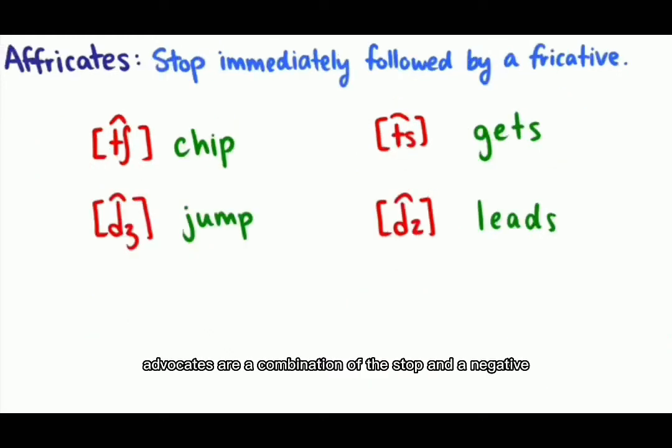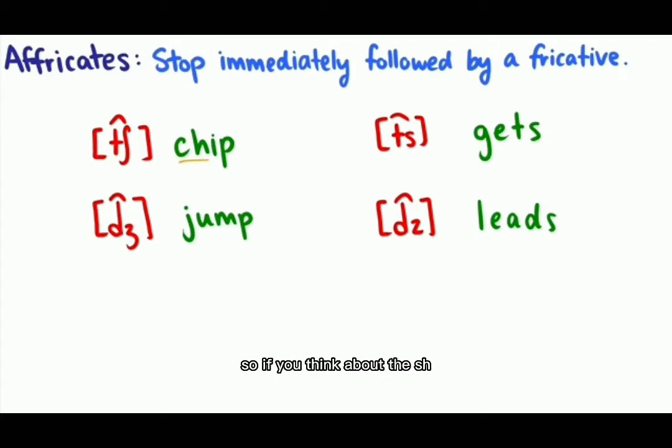Affricates are a combination of a stop and a fricative. They co-articulate, so that just means they occur at the same time, and usually with an affricate, the two sounds have to be very close together. English has four. We have "ch" as in "chip". We have "j" as in "jump".